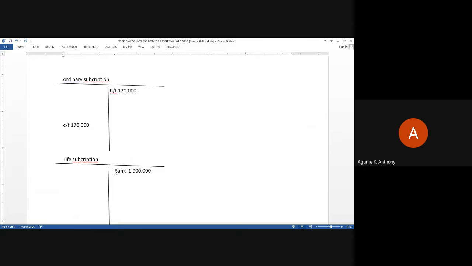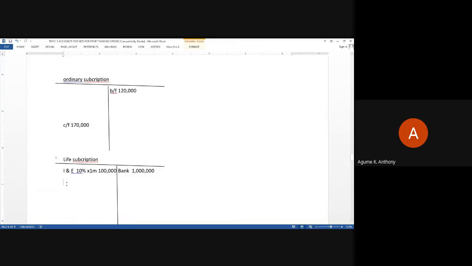So if I get 1 million divided by 10, it means that in the income and expenditure account, I'm going to charge 10% of 1M. And that gives me what? 100,000. That gives me 100,000.